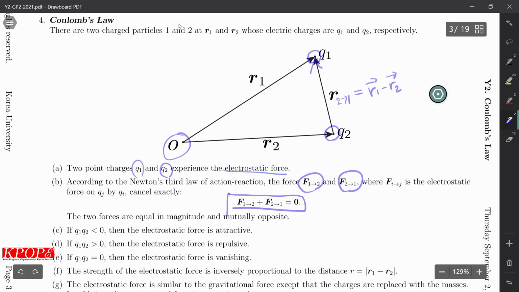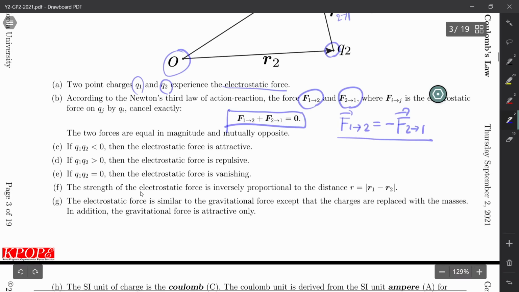Action and reaction states that the sum of the two forces must be zero. That means F1 to 2 equals minus F2 to 1. They are equal in magnitude but opposite in direction. The two forces are equal in magnitude and mutually opposite.